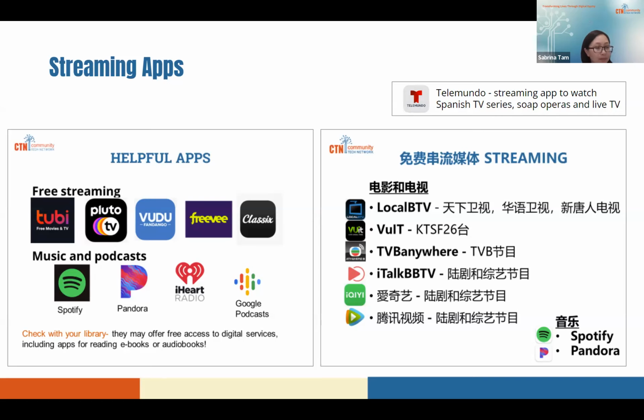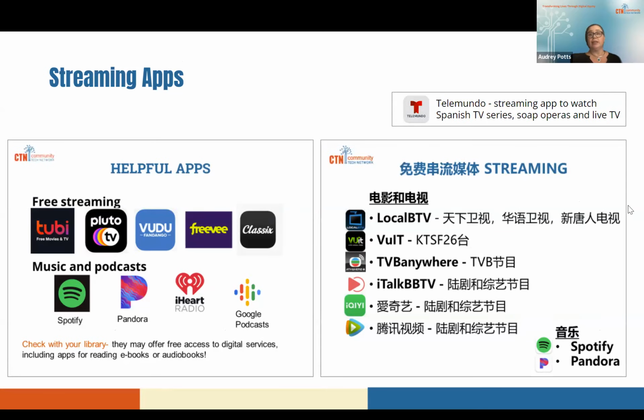You can download, but this particular one, Telemundo, is a free Latin or Spanish speaking TV channel, kind of like Pluto and Tubi, but it is a national channel. So a lot of my Spanish speakers want to watch their telenovelas or their soccer, their sports, and their soap operas. And so we typically download Telemundo for them. Right. Yeah.